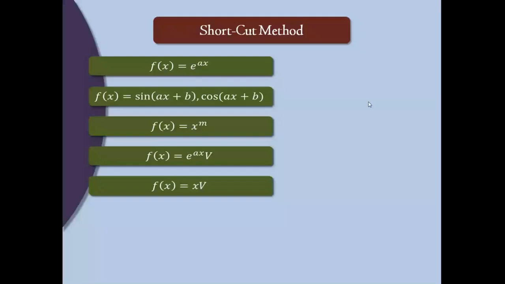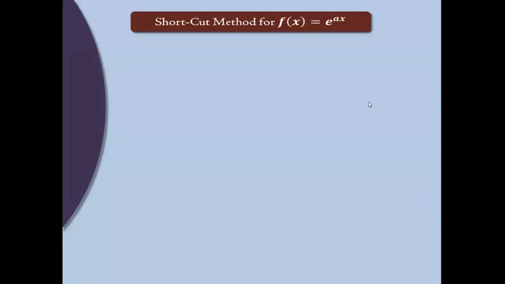Now we'll see one by one the formulas, or the ways to use the shortcut method for these functions. Firstly, we'll consider the function e raised to ax. While finding yp, if we get this type of function, 1 upon phi of D e raised to ax, then by the shortcut method, what to do?